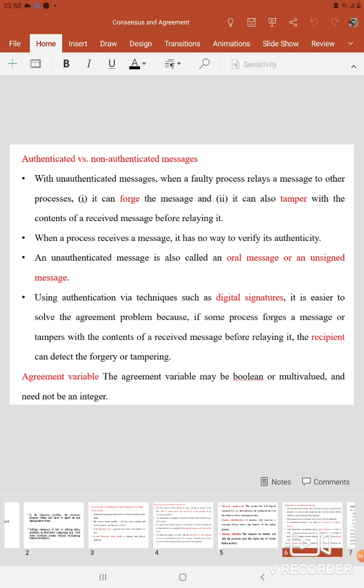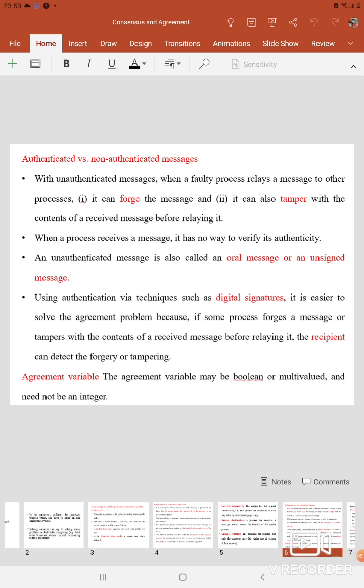Unauthenticated messages are also called oral messages or unsigned messages. When a process receives a message, we don't have any way to verify its authenticity. Whereas if we go with authentication techniques like digital signatures, in case the faulty process sends a forged message or a tampered message, the recipient can easily detect such forgery or tampering.